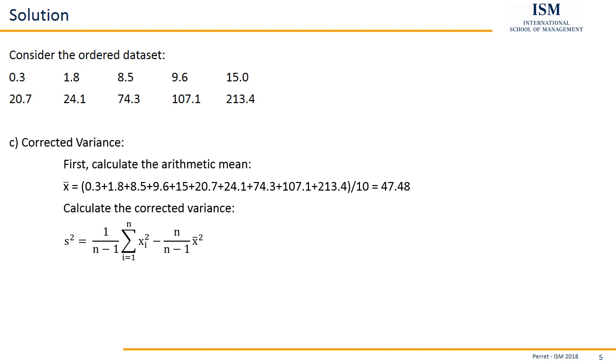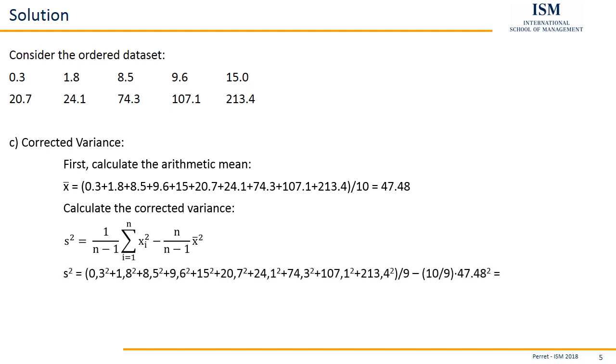So this might look relatively complex at first look. However, it's relatively easy, because what we do is just square all the different data points and add this up, divided by the number of observations minus 1. So we just add up the squared values, divide them by 9, and then we subtract 10 divided by 9, so n, the number of observations, divided by the number of observations less 1.